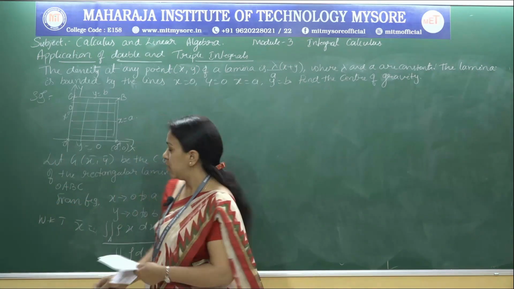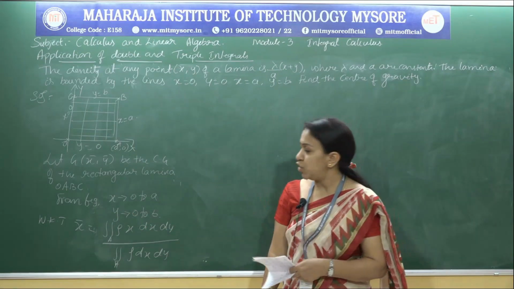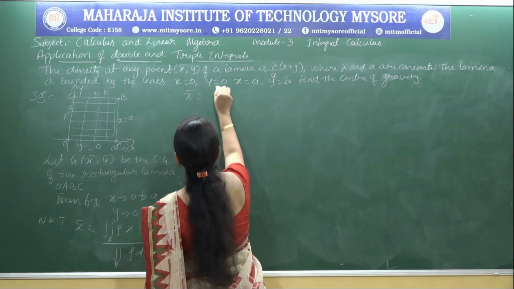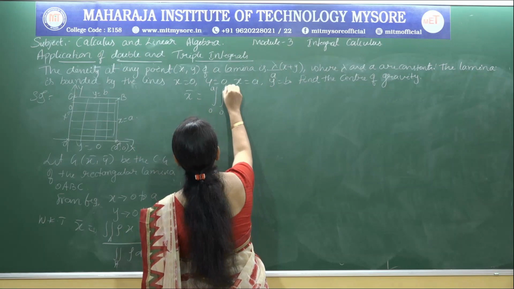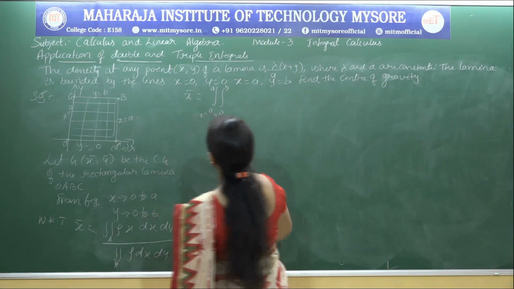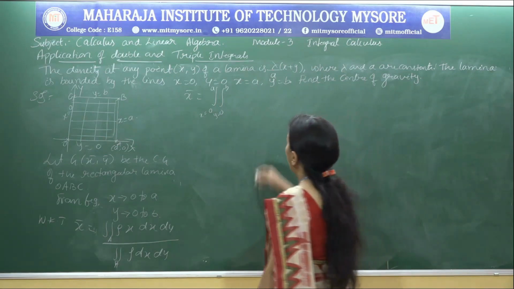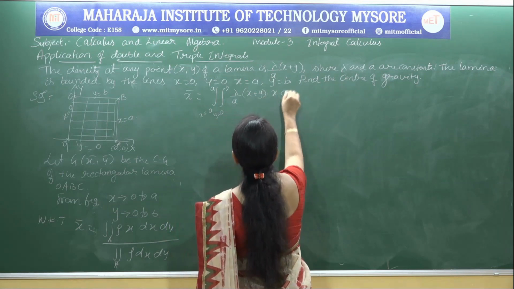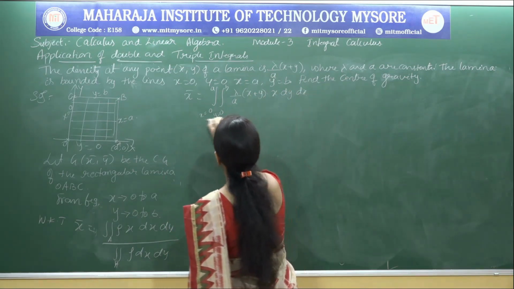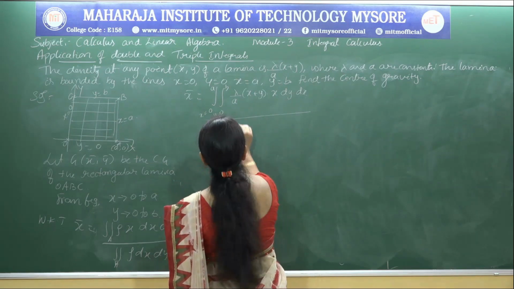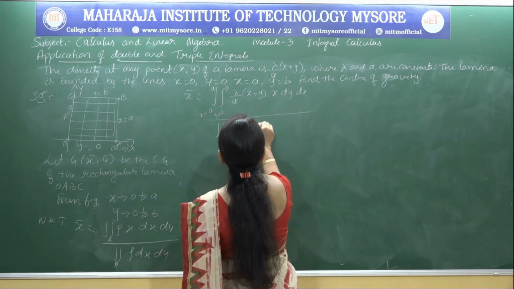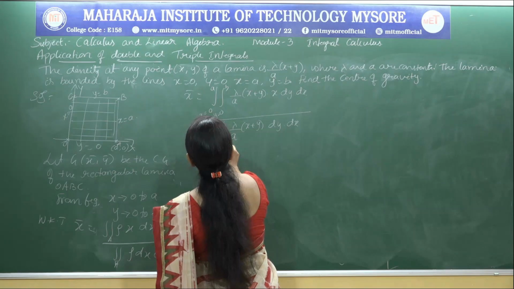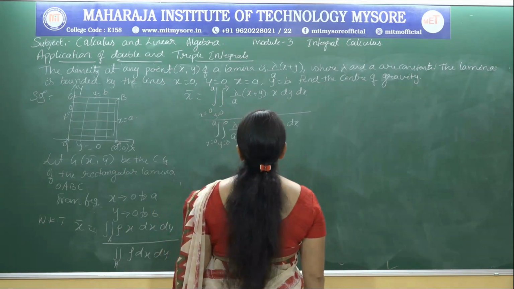Now substitute the rho value and the limits of x and y, so that x bar is integral 0 to a, integral 0 to b, of (lambda by a)(x plus y) into x dy dx, whole divided by double integral of (lambda by a)(x plus y) dy dx, where x varies from 0 to a and y varies from 0 to b.